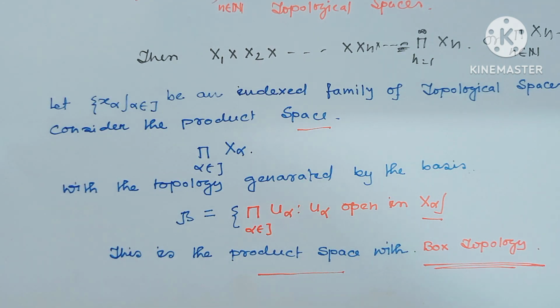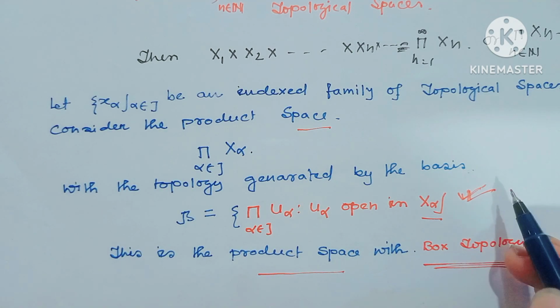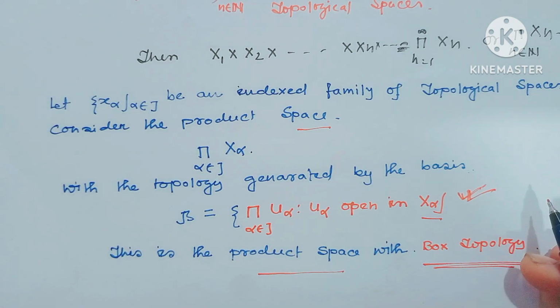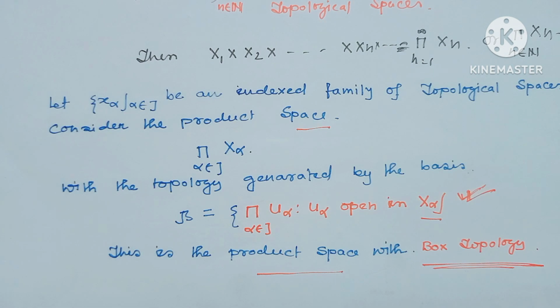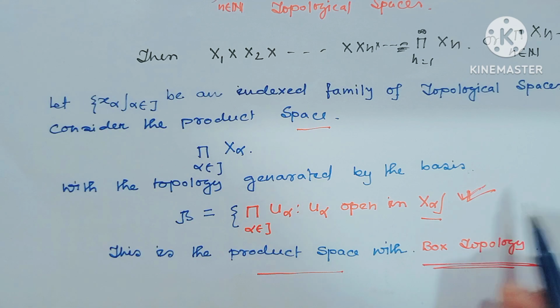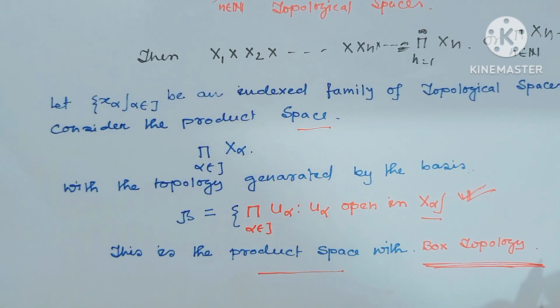A few minutes ago I showed that this is the basis of the product topology when the space is finite. But when the space is infinite, for an arbitrary collection, this type of basis always generates the box topology but not the product topology.